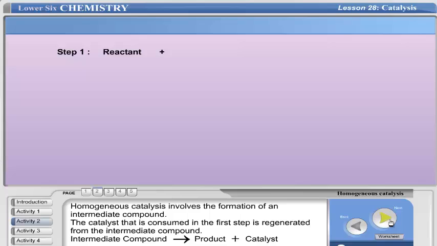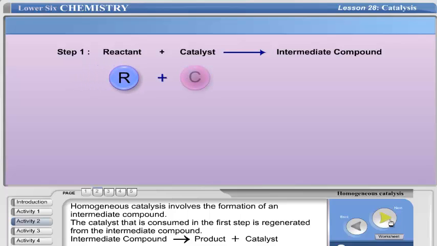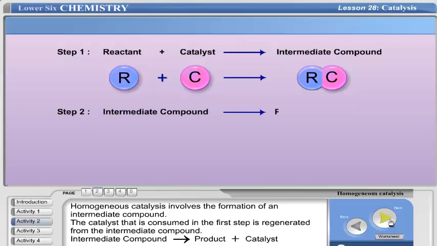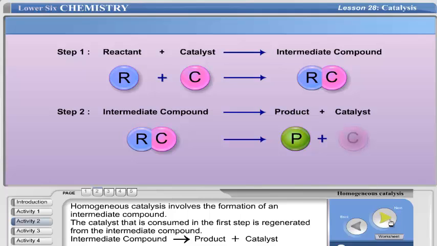Homogeneous catalysis involves the formation of an intermediate compound. The catalyst that is consumed in the first step is regenerated from the intermediate compound. Intermediate compound gives product and catalyst.